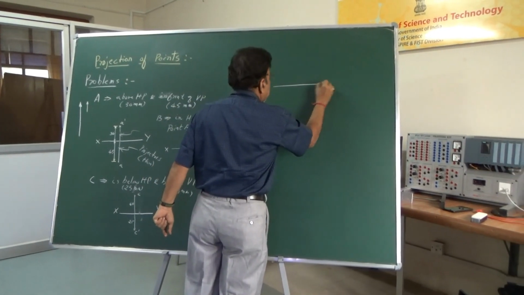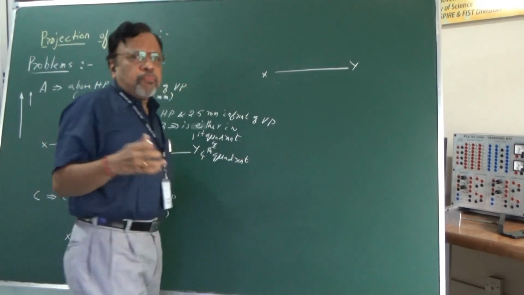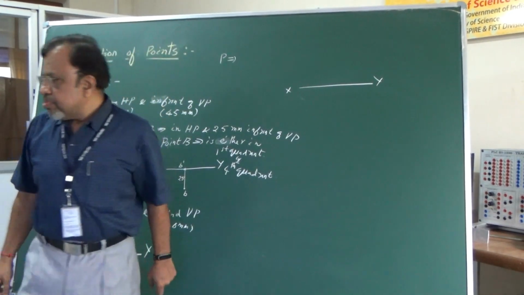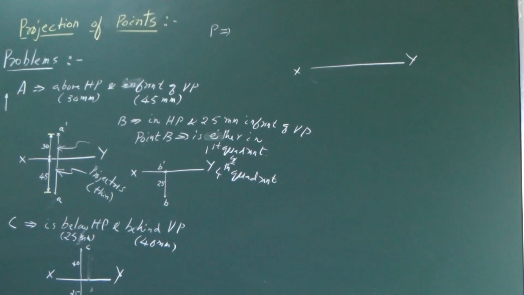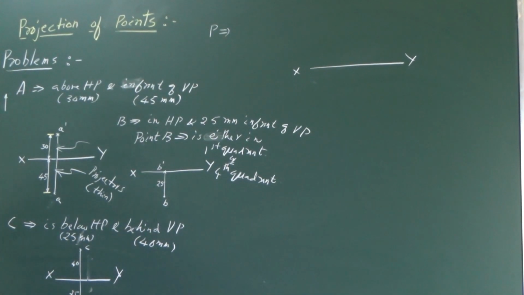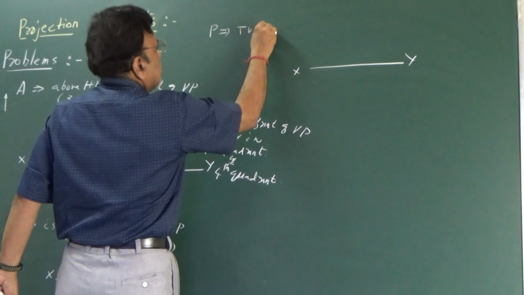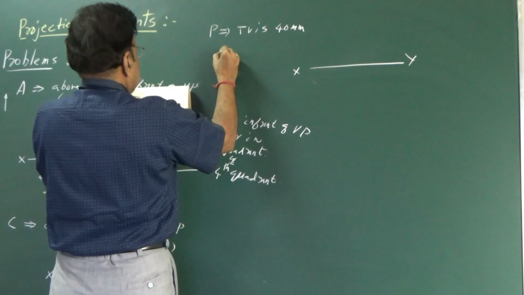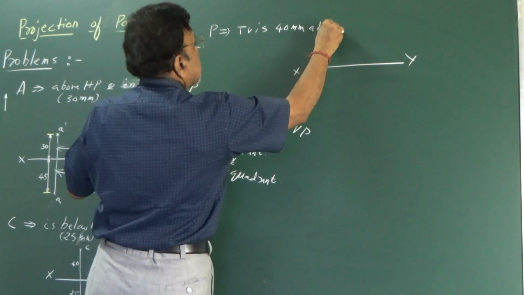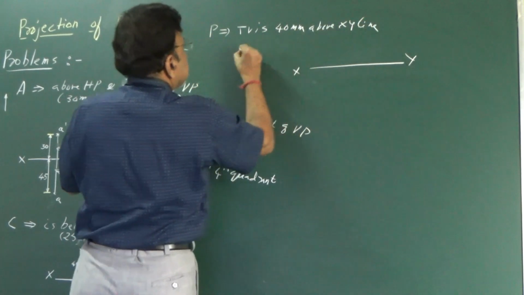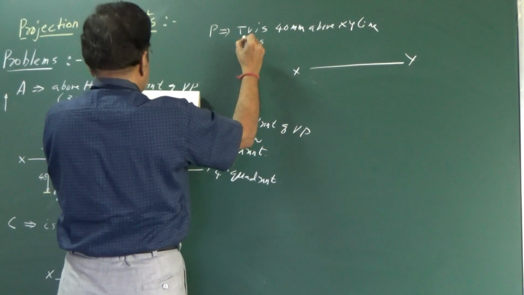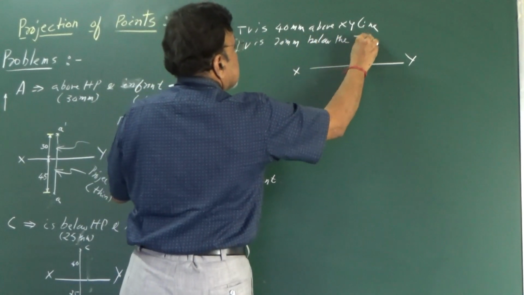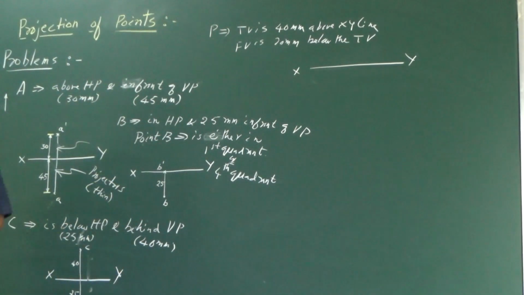Let us say I have given a problem where we have a point P. I will say its top view is 40 mm above the XY line and its front view is 20 mm below the top view.